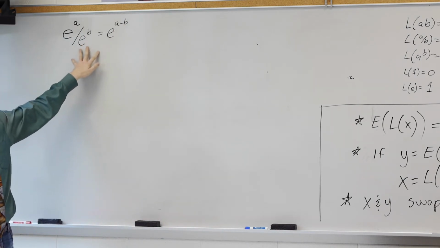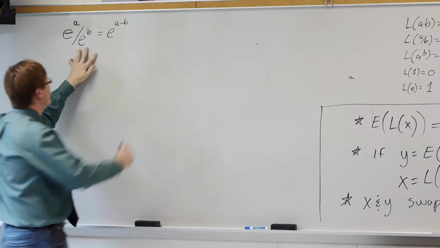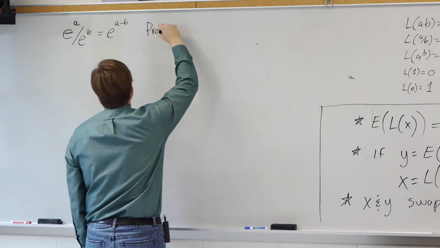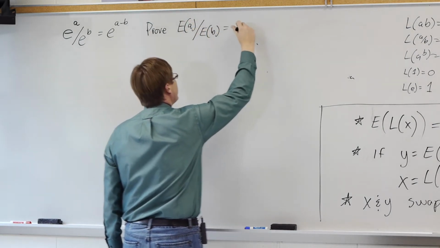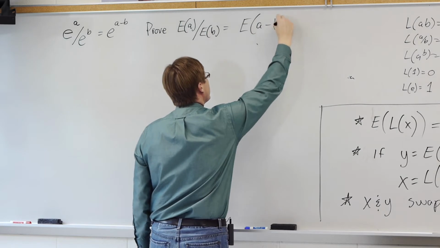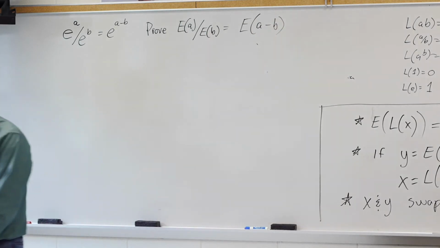So I hope this is also true for capital E. So I want to prove E of A divided by E of B is E of A minus B.